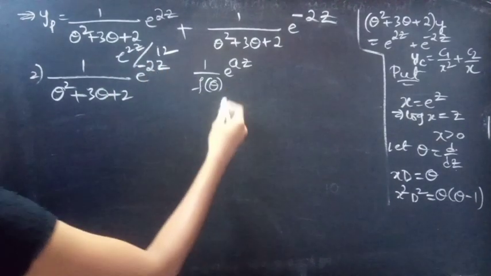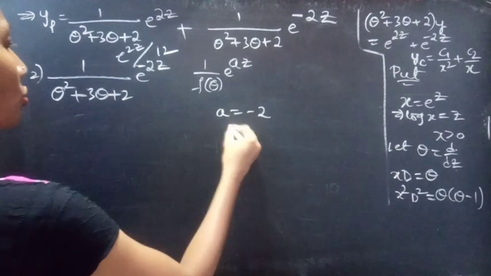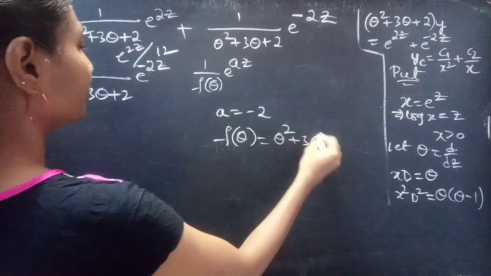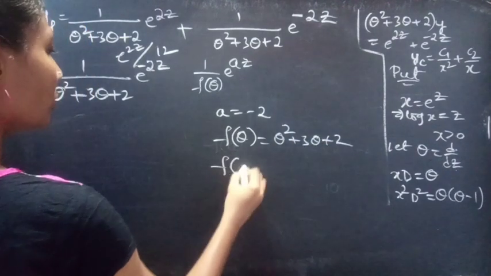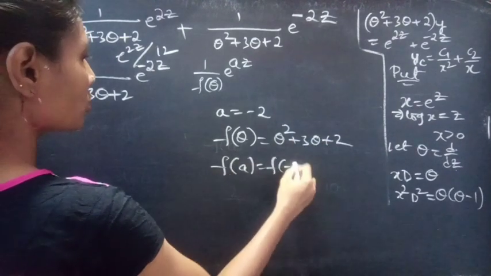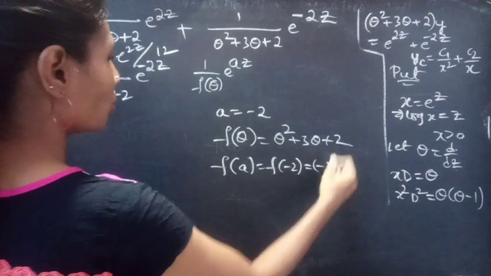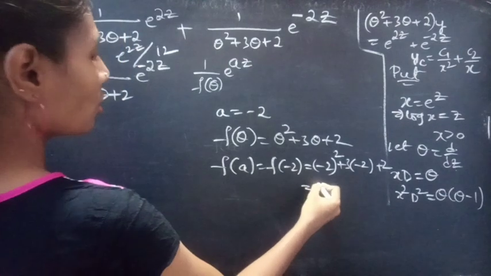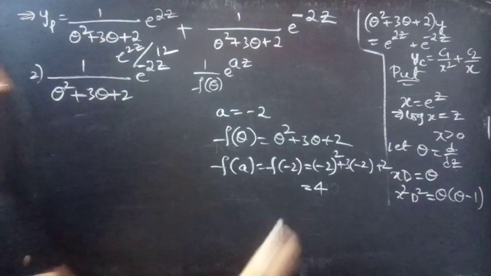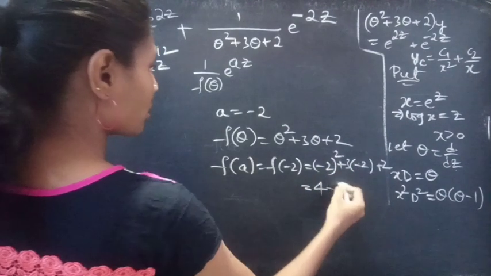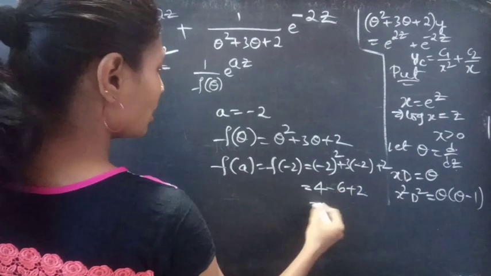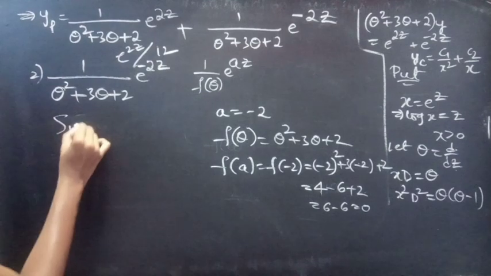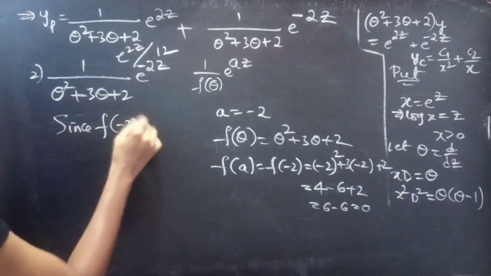Now for a equals minus 2, we'll find f of a. f of a equals f of minus 2 equals minus 2 whole square plus 3 into minus 2 plus 2, which is equal to minus 2 square is 4, plus into minus 3 2s are 6, plus 2, 4 plus 2 is 6, minus 6 equals 0. We got f of minus 2 equals 0.